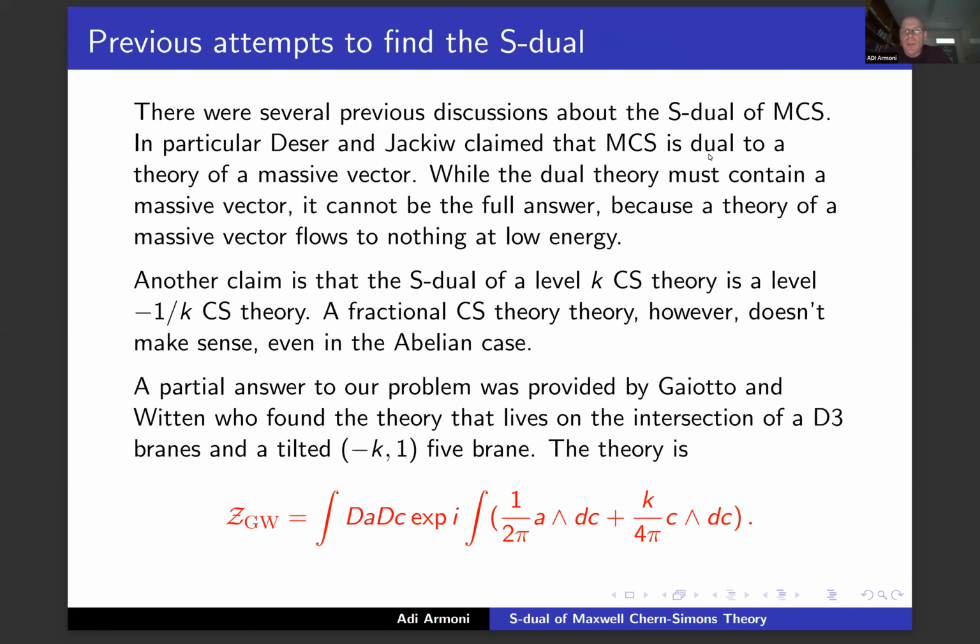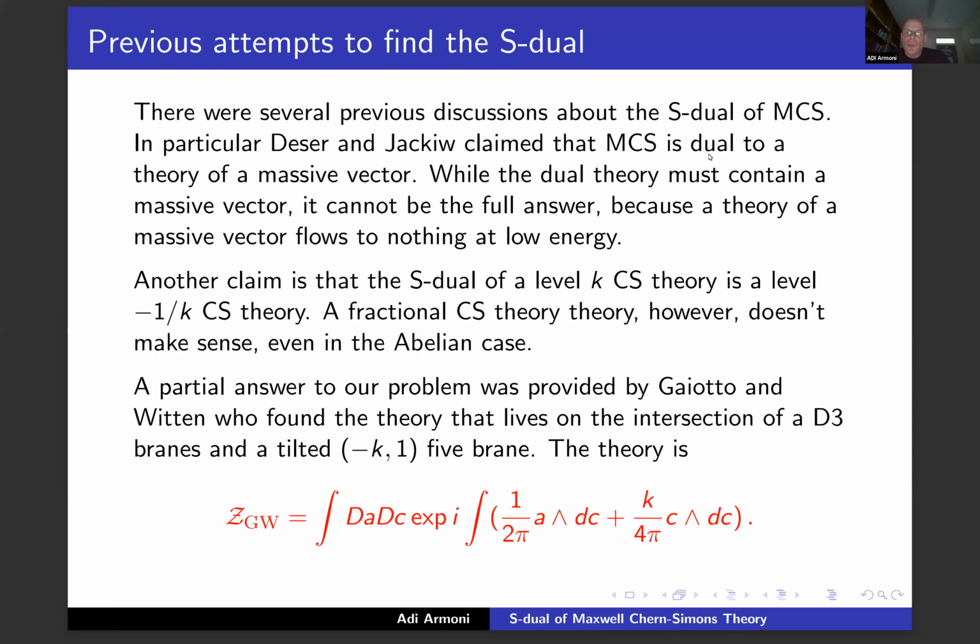It's almost the correct answer, but it is not the full answer, because what they wrote is just a theory of a massive vector without any information about topology. So their theory is empty in the infrared. There is nothing left, and therefore it cannot be the full solution, and as we shall see, it's part of the solution.